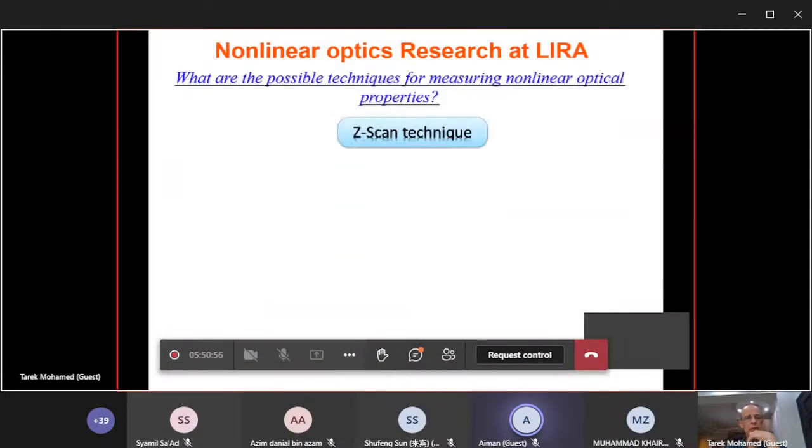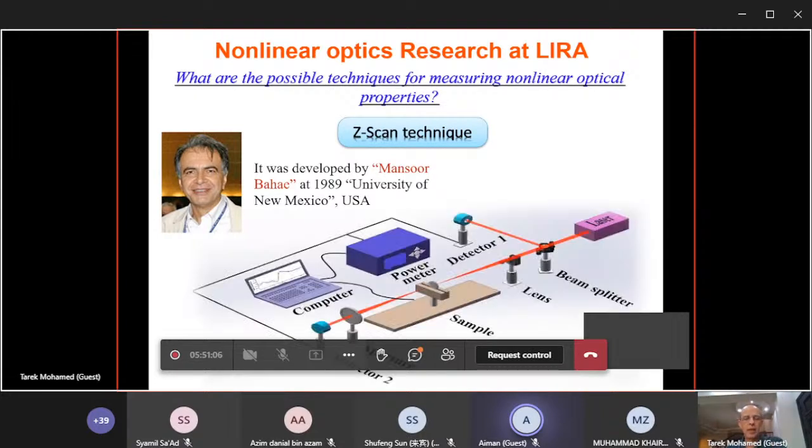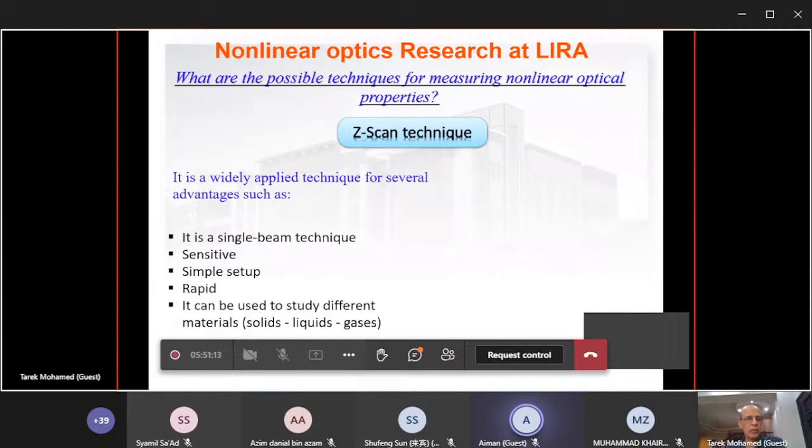So there is another approach called the Z-scan technique. This was developed by Mansoor Sheik-Bahae from the University of New Mexico, USA, in 1989, and it is a very simple technique. We use just one laser beam, and it has a lot of benefits.